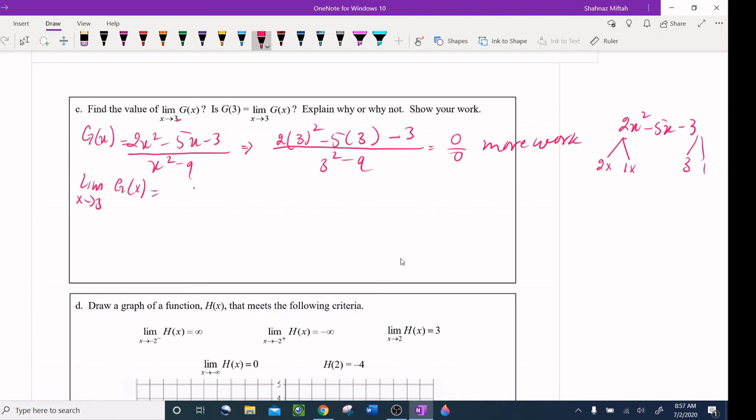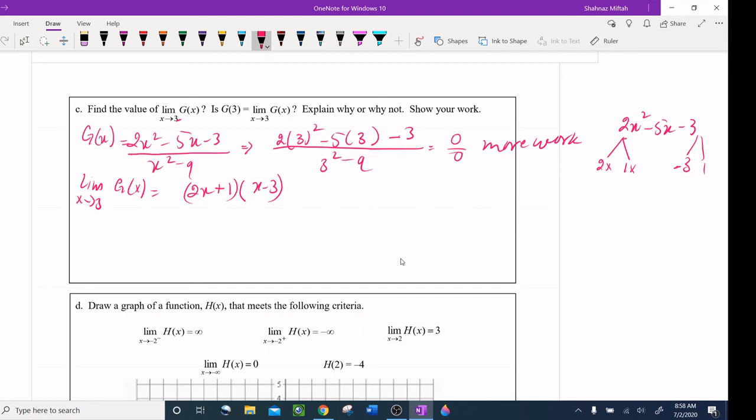So let's try this. 2x plus 1, right? And I'm getting x minus 3. Since negative 3 times 1 is negative 3, and positive 2 times positive 1 is going to give me positive 2x squared.